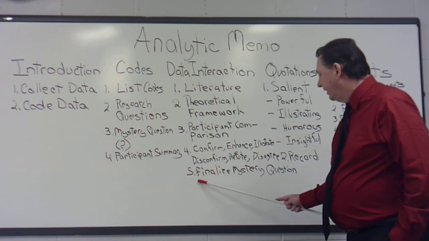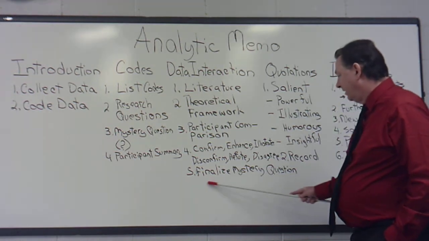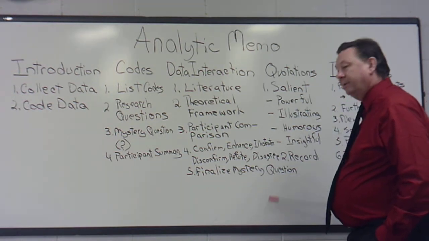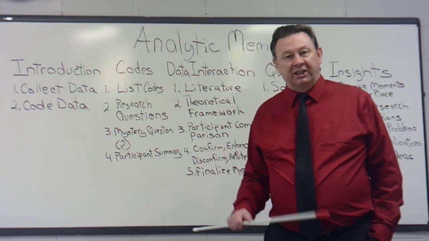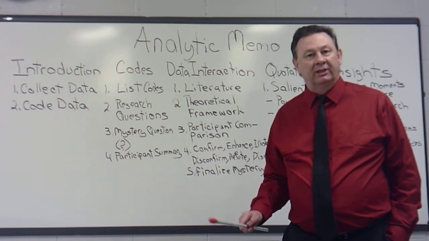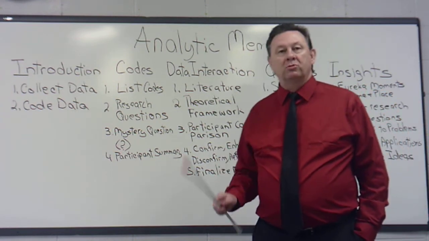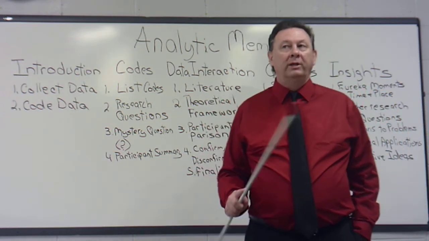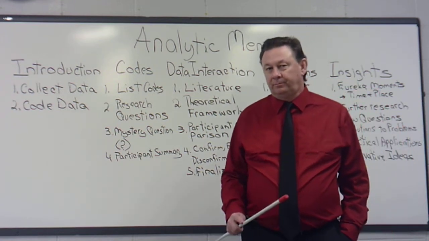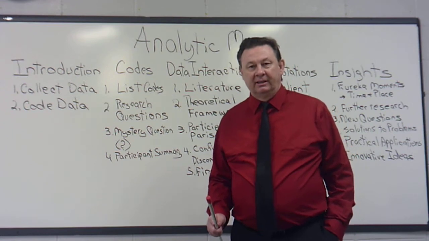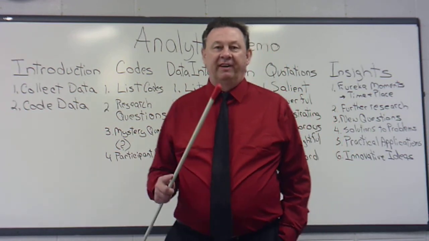And at the end of this, you will finalize your mystery research question. When you set up a study, you have 3 research questions or 4, however many, that you want to answer. But you're going to accumulate data that's very interesting, very significant, and it is very important.